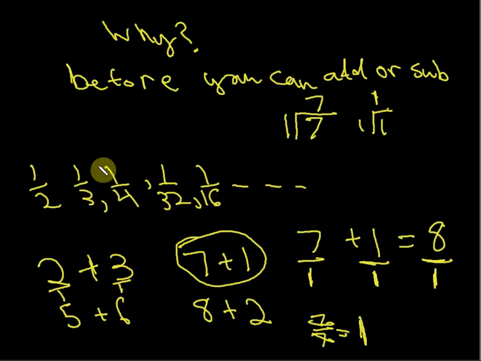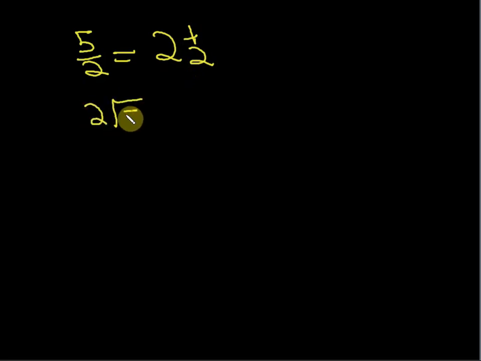So let's go back over to 5 over 2. You could write it as 5 over 2, but this also equals 2 and 1 half. Now you see what we did there? We essentially divided this. 2 goes into 5 two times, simple division, minus 4.